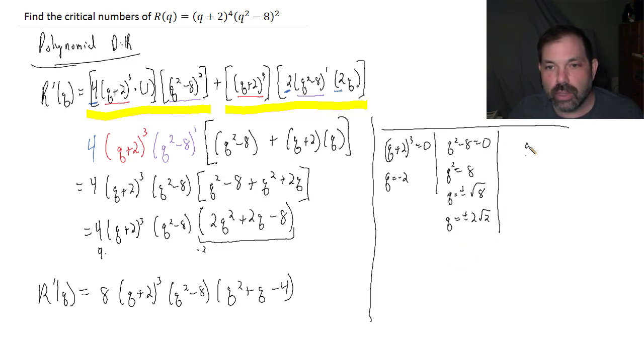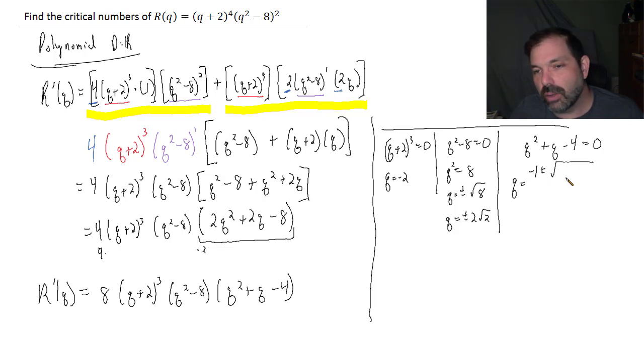And then finally we'd have q squared plus q minus 4 equals 0. That will not factor. You can try it if you want. So I'll apply the quadratic formula. So then q would equal negative 1 plus or minus the square root of 1 plus 16, so that's 17, over 2. So there are the critical numbers.